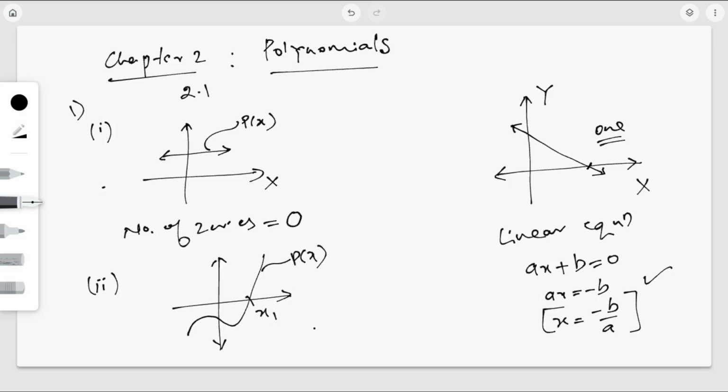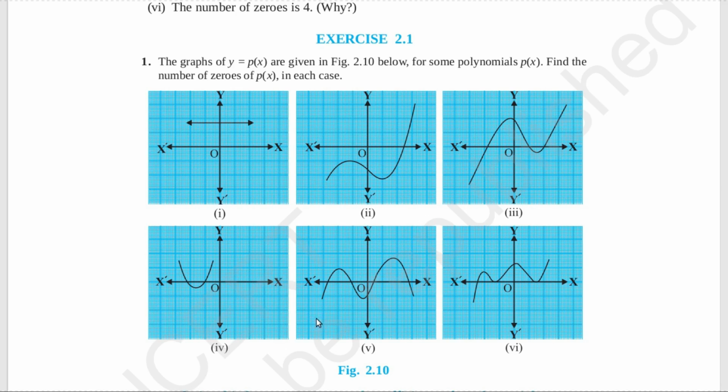So the number of zeros in this case will be 1. Similarly, in the third question, the polynomial is intersecting the x axis at 1, 2, 3 points. So here the number of zeros is 3, and here 2, and here 1, 2, 3, 4, and in this case 1, 2, 3.